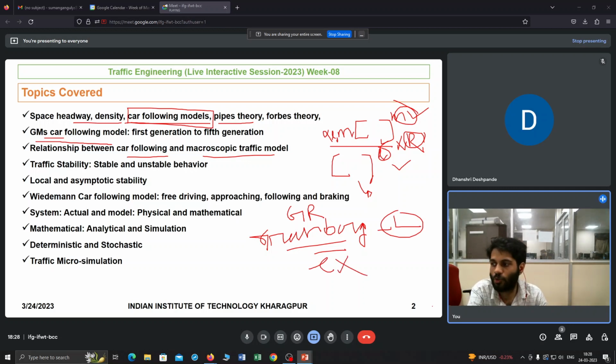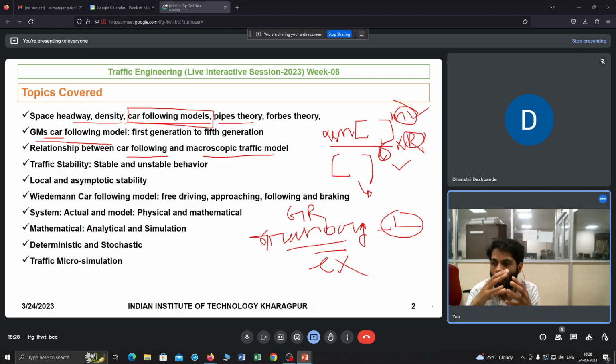So as soon as they found the relationship, it was an interesting discovery, since it is one traffic stream only, but we are analyzing it in both ways. One is microscopically, that is vehicle to vehicle interaction, how things interact longitudinally and laterally.